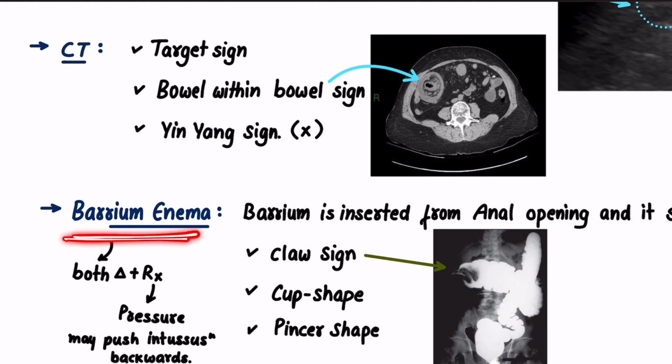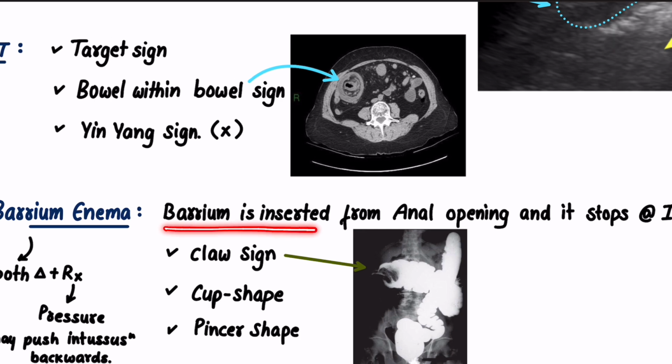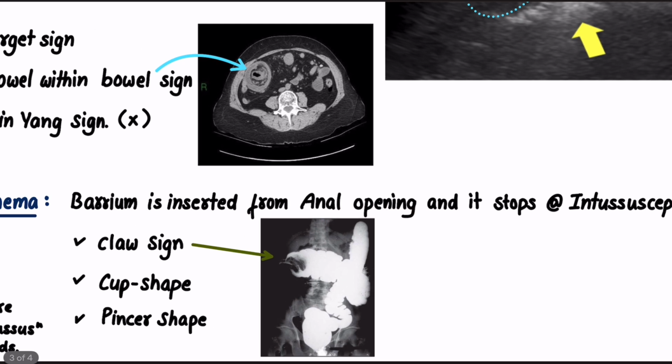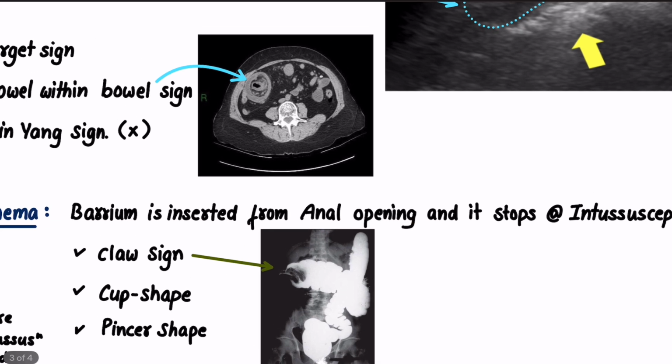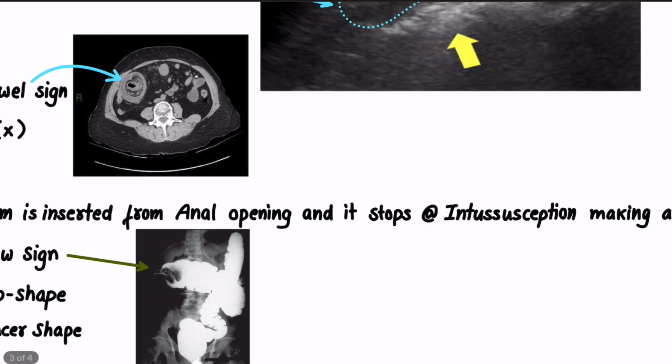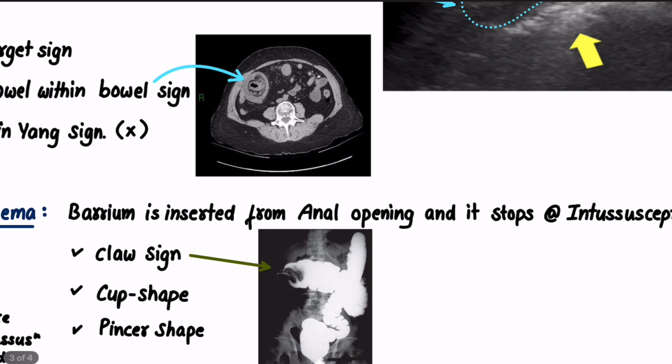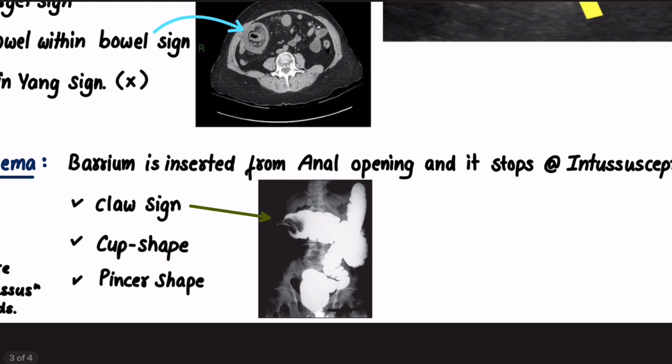Then comes barium enema. It is very important from the point of view of diagnosis as well as treatment. So what we do in barium enema, we insert the barium from the anal opening, and the barium will move to the proximal parts of the intestine, and it will go and stop at the site of intussusception. And due to that stoppage, it will make a sign like claw or cup shape.